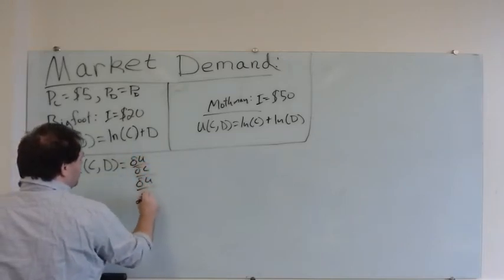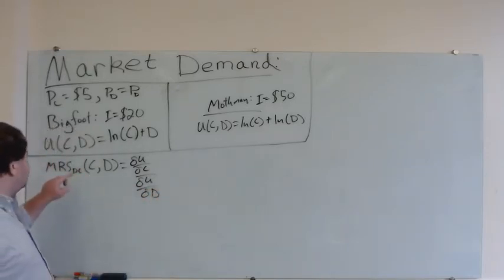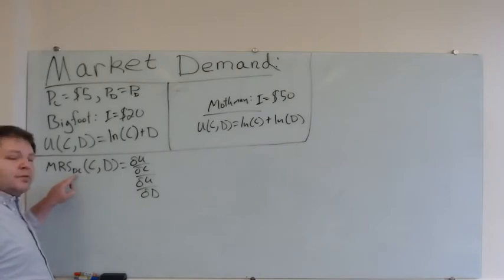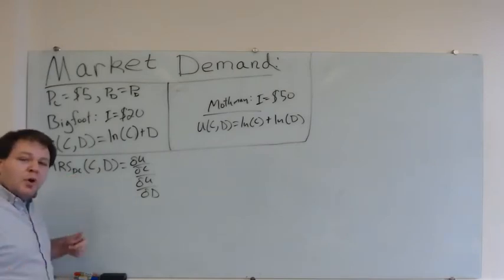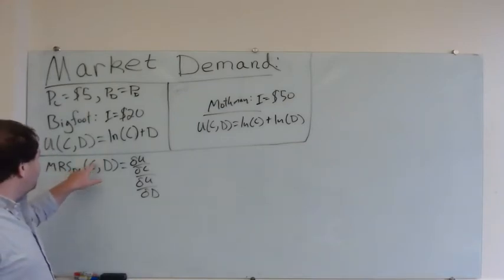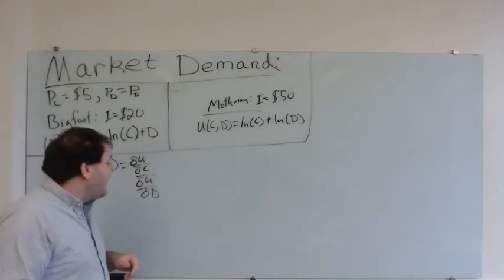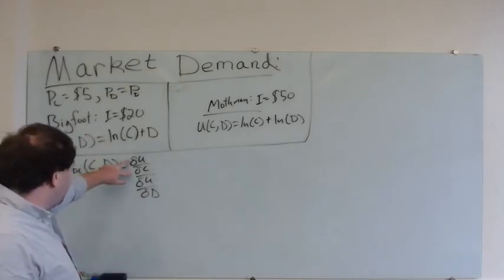As we remember, this is interpreted as the number of dolly paintings Bigfoot is willing to give up per unit of chicken to get a little bit more chicken, when Bigfoot is consuming C units of chicken and D units of dolly paintings. Right, and this is the marginal utility of chicken over the marginal utility of dolly paintings.